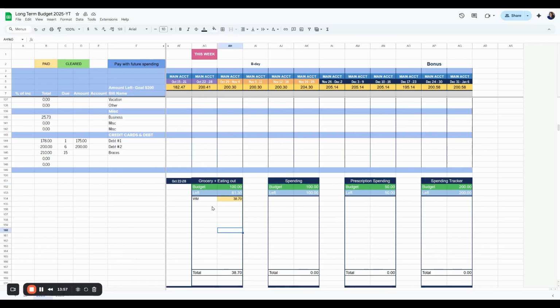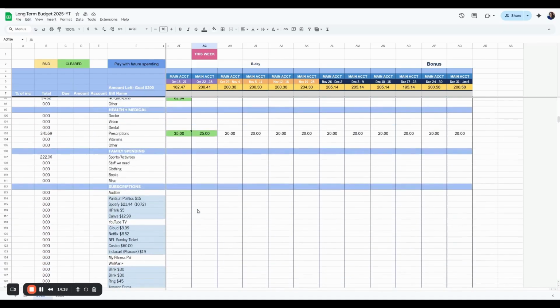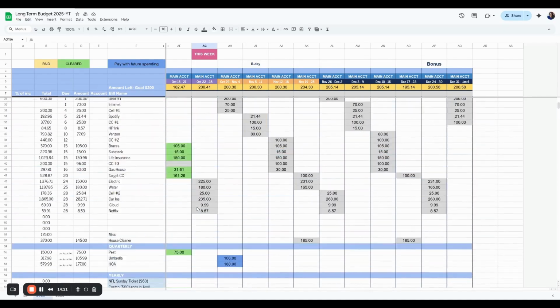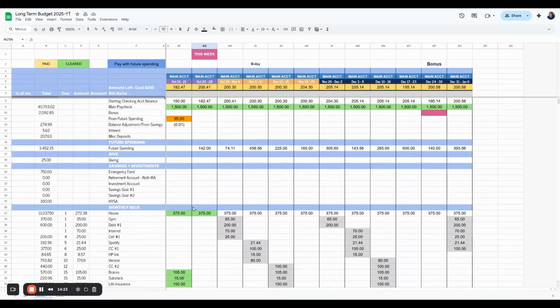Now I'm pulling these numbers from my paper spending tracker. I really like to pull up our bank account online, and then write down everything that I am spending, and then I will come over here to reconcile everything and input it during the pay period and at the end of the pay period to see how everything shook out.